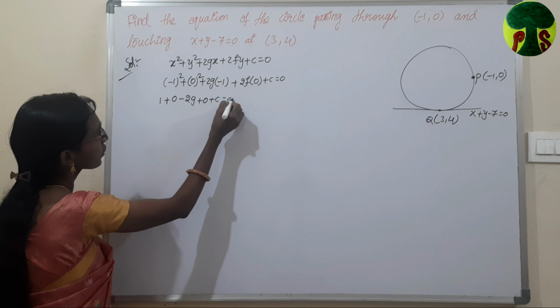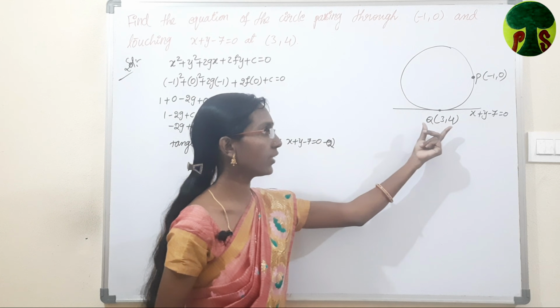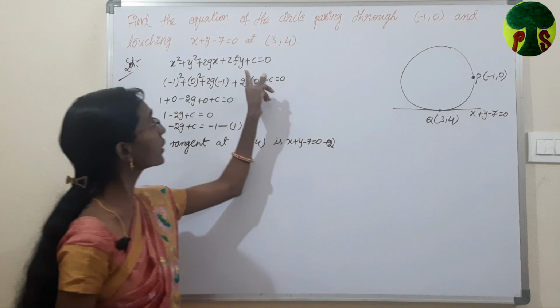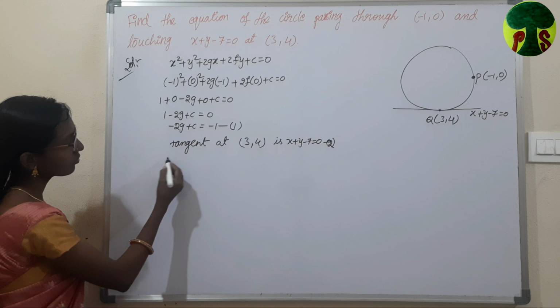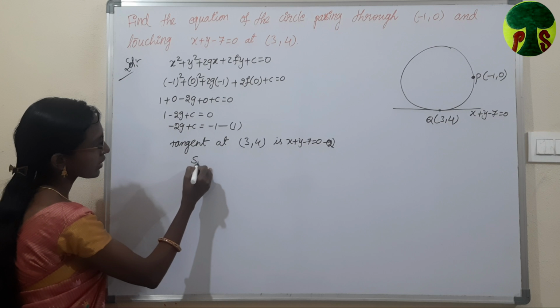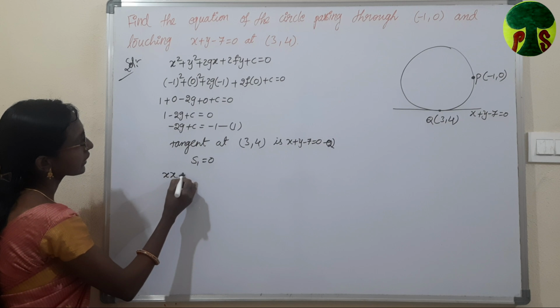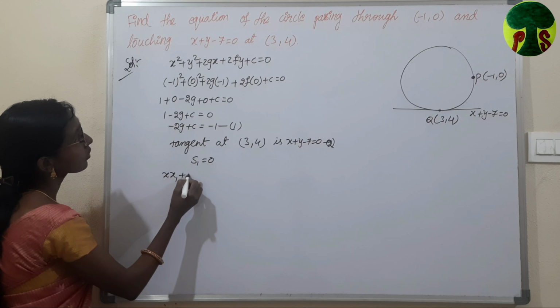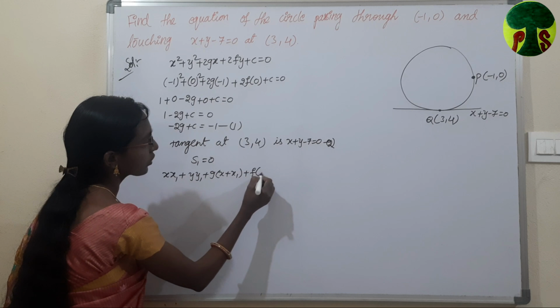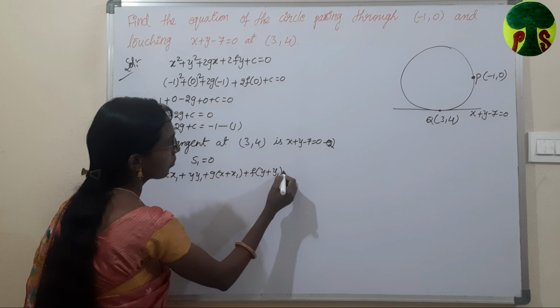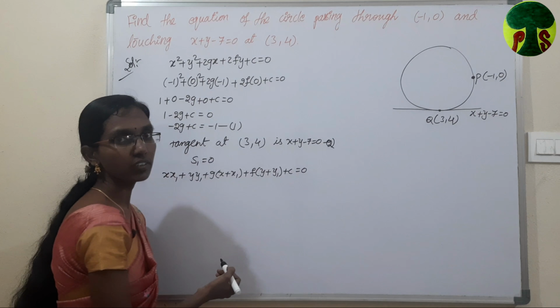Now I want to find the equation of the tangent at Q, 3, 4 to this circle. The tangent equation is S1 equals 0. So I will write the equation of the tangent: x x1 plus y y1 plus g into x plus x1 plus f into y plus y1 plus c equals 0.